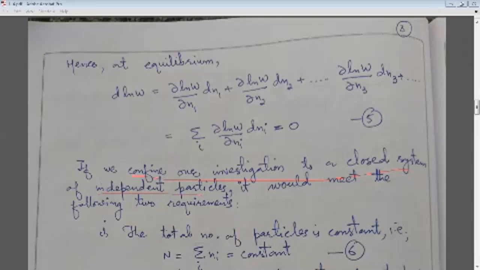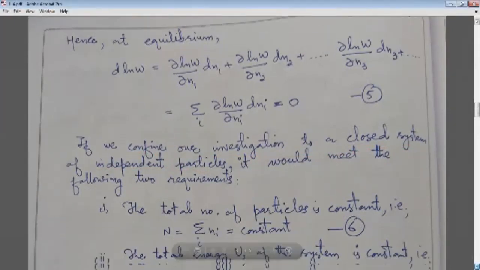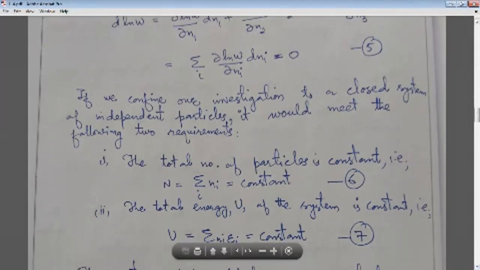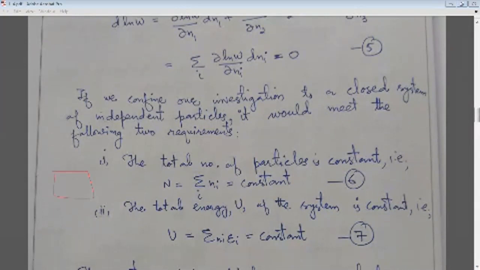So first it should meet the following requirements for a closed system. The total number of particles is constant, because whatever the number of particles there, they will remain constant. They cannot be exchanged with the surroundings, nor can any particle from the surroundings enter into the system.